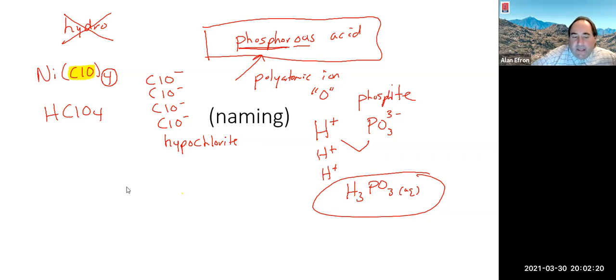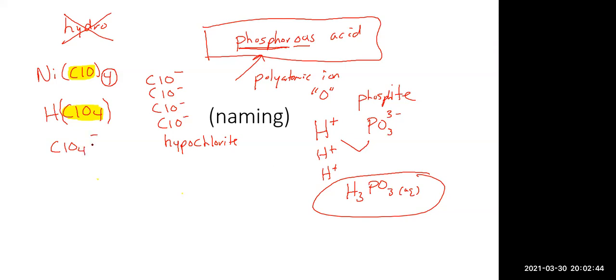The difference is here, although it's basically 1 of each, and you don't usually put parentheses around it, this entire thing here is the polyatomic ion. And so this entire thing here, even though we don't usually put parentheses around just one of them, is the actual polyatomic ion. And that means that that is actually ClO4 minus.